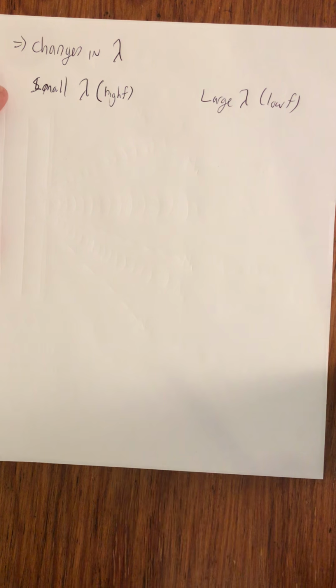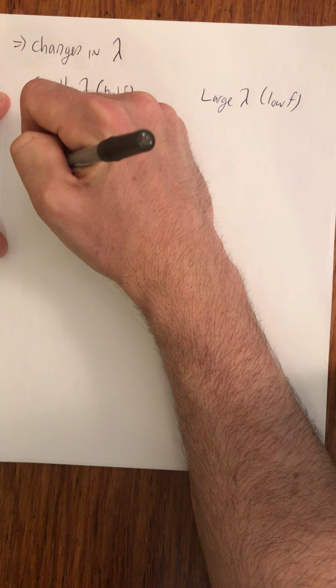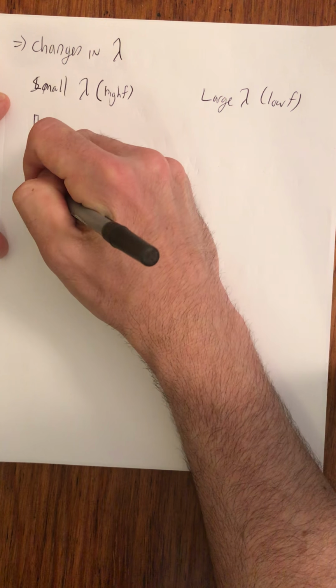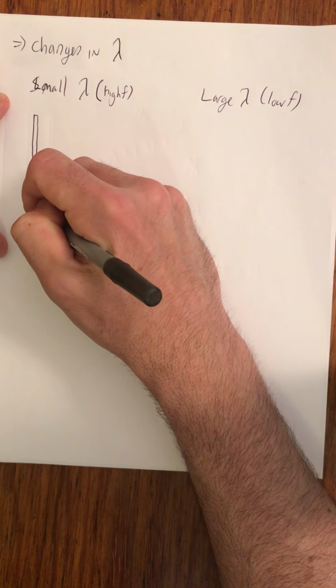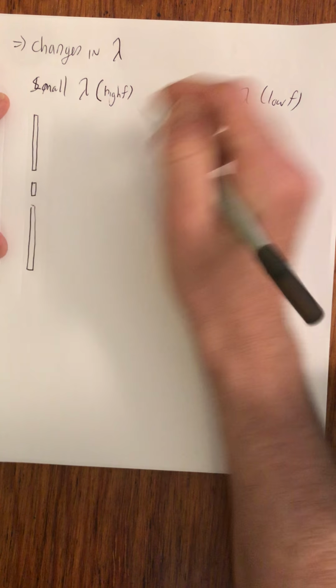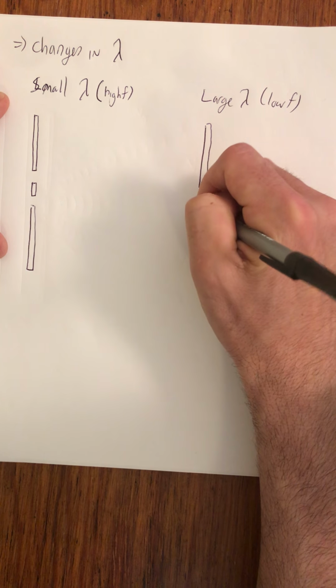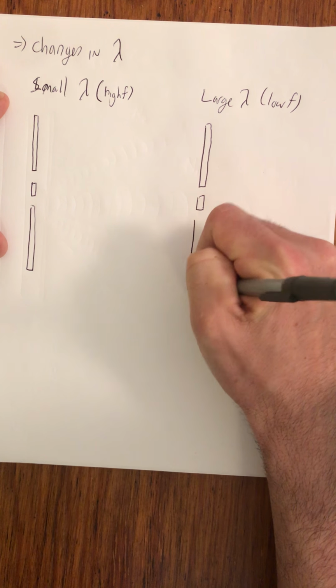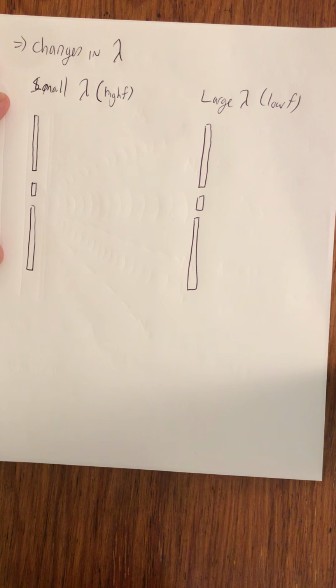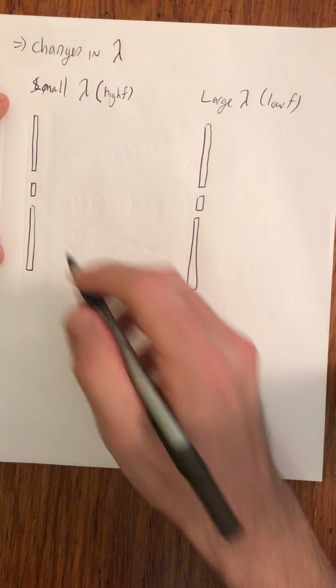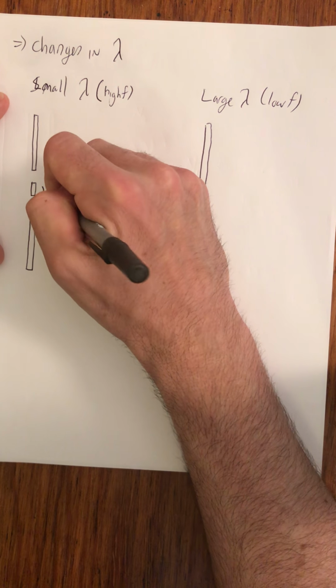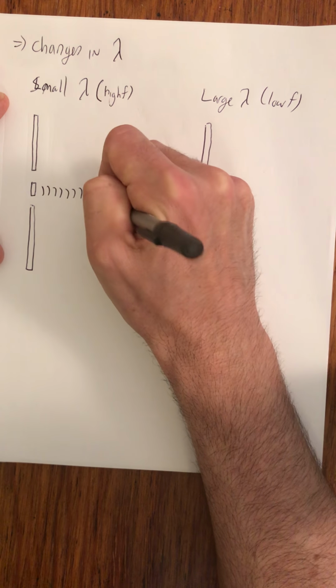But I will tell you it's really about wavelength, not about frequency here, okay? So if I have the same openings, I just want to keep the patterns similar here.